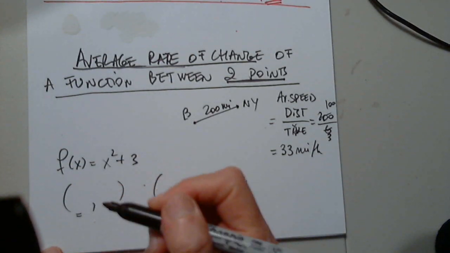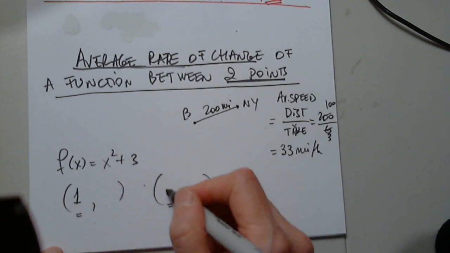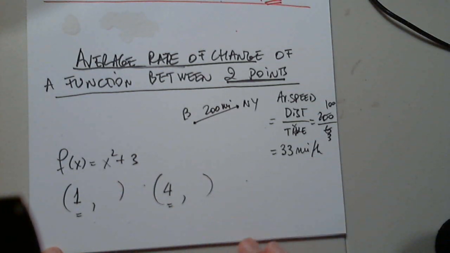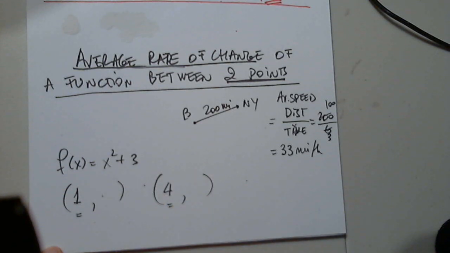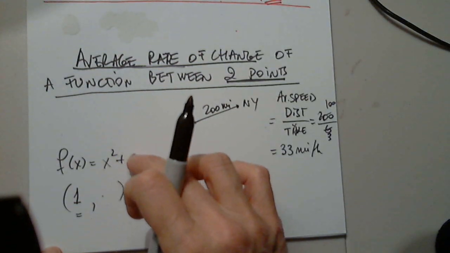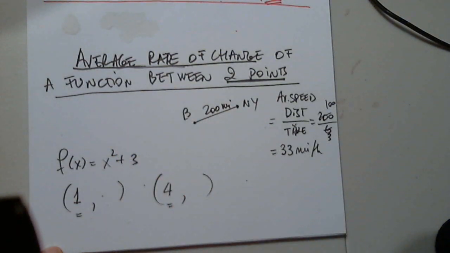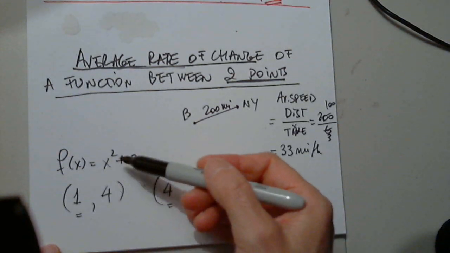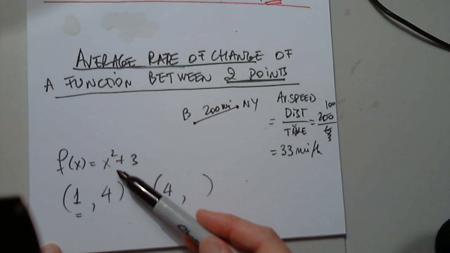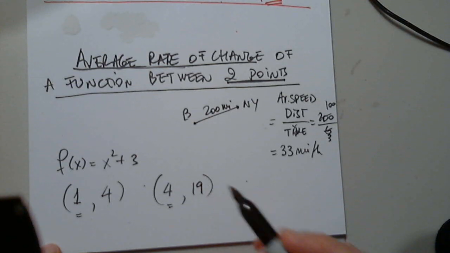Let's say between time equals 1 and time equals 4. 1 hour and 4 hours. Can anyone plug it in and tell me the y value? I need the corresponding y value for x equals 1, and I need the corresponding y value for x equals 4. 4 for the first one. Yes, of course. 1 squared plus 3 is 4. Perfect. And 19. Excellent.